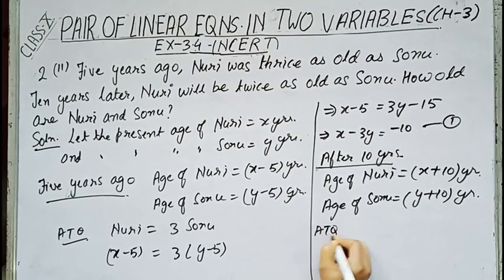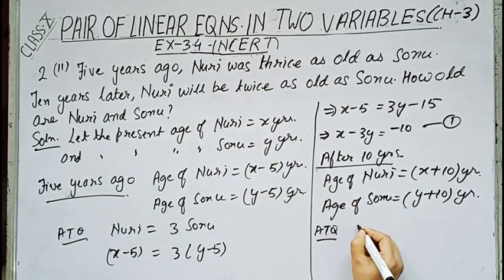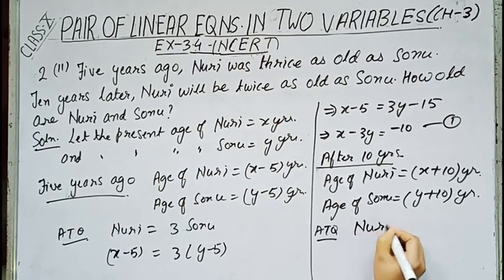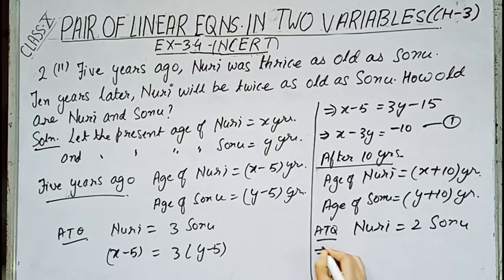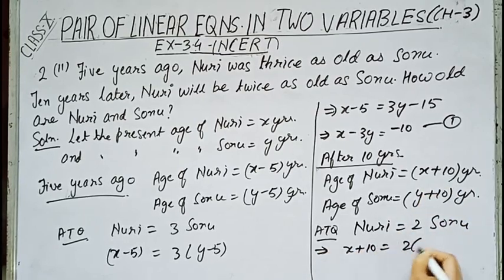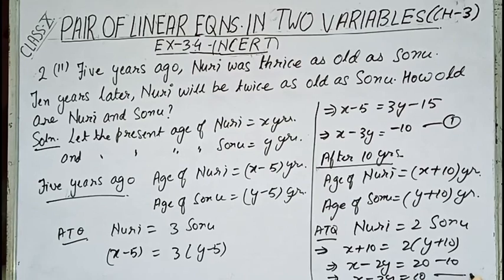According to the question, Noori will be twice as old as Sonu. So Noori equals twice of Sonu. This implies X plus 10 equals twice of Y plus 10. This implies X minus 2Y equals to 20 minus 10. This implies X minus 2Y equals to 10. Let us make it equation number 2.